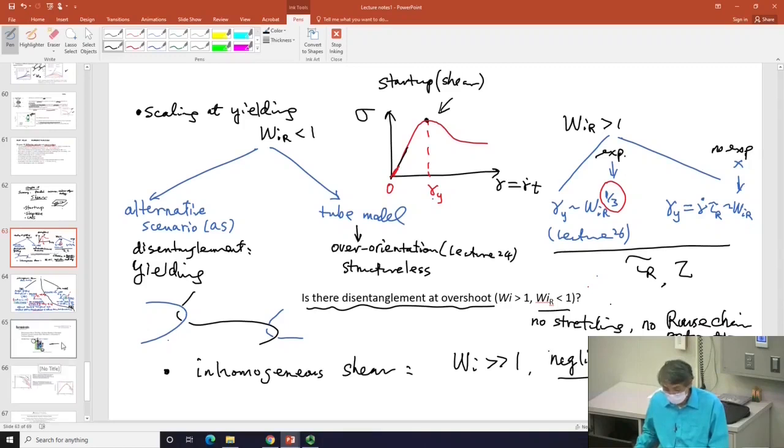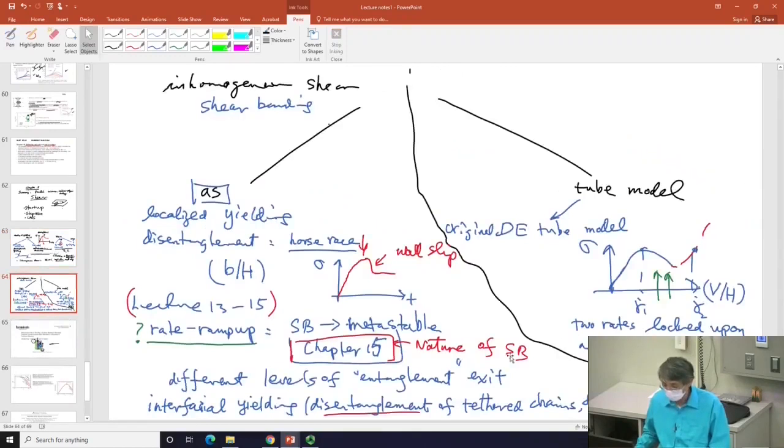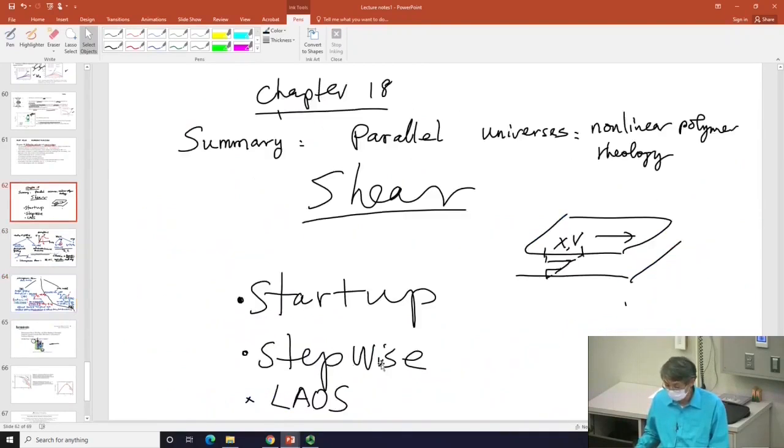Now, this is all startup. So now we can look at the fact that beyond startup, there is step extension. And that's, of course, another confusion, right? This is what I keep saying, that many of the features seem to exist in the tube model, and that's why we're comparing.